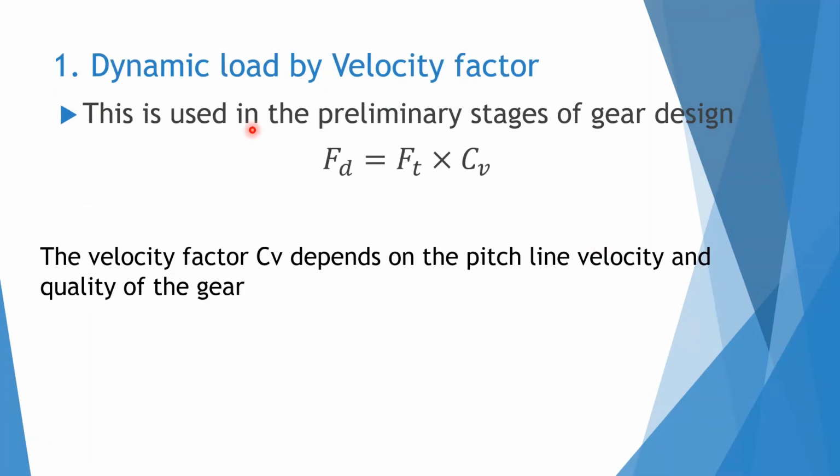So the dynamic load by velocity factor, this equation is mainly used to find out the dynamic load by velocity factor, and is generally used in the preliminary stages of the gear design, where the dynamic load is equal to Ft into Cv, and the velocity factor Cv depends on the pitch line velocity and the quality of the gear.